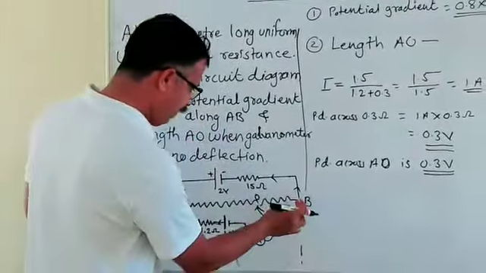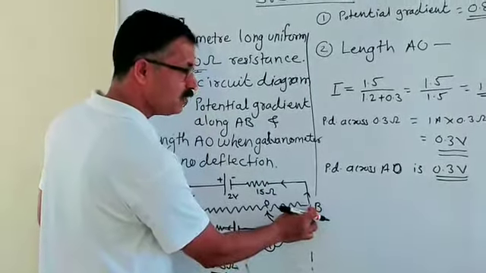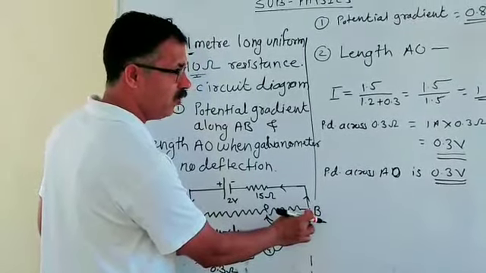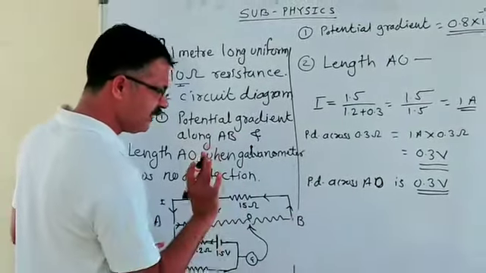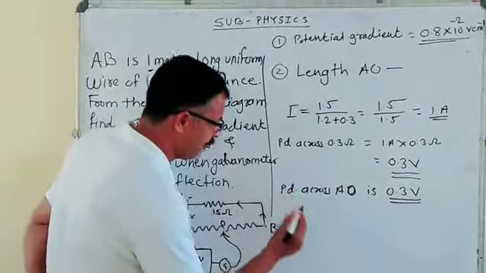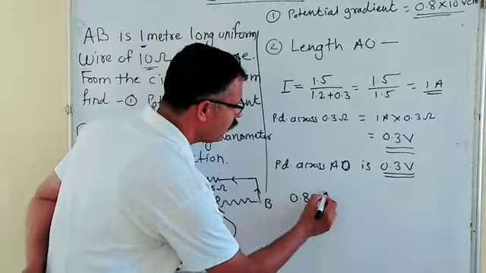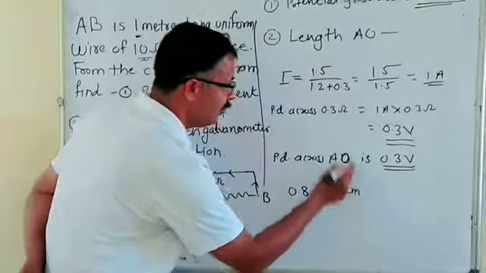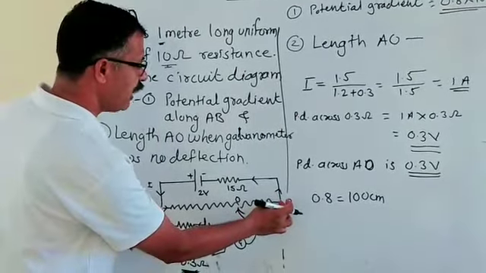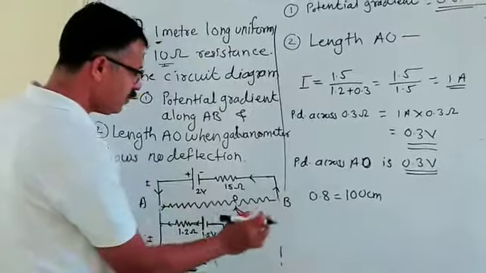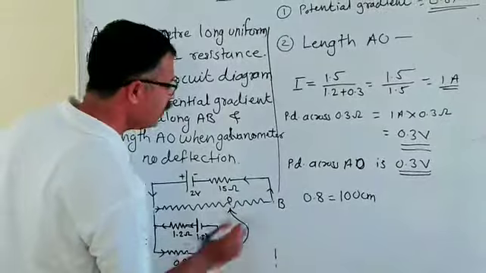We are familiar with the fact that AB is the wire across which there is 0.8 volt, while the length is 100 centimeter. Listen carefully, very simple. For 0.8 volt, it is 100 centimeter, because from the previous calculations the potential difference across it is 0.8. Now for 0.8, the length is 100 centimeter. Let us consider for 0.3 we have length x.